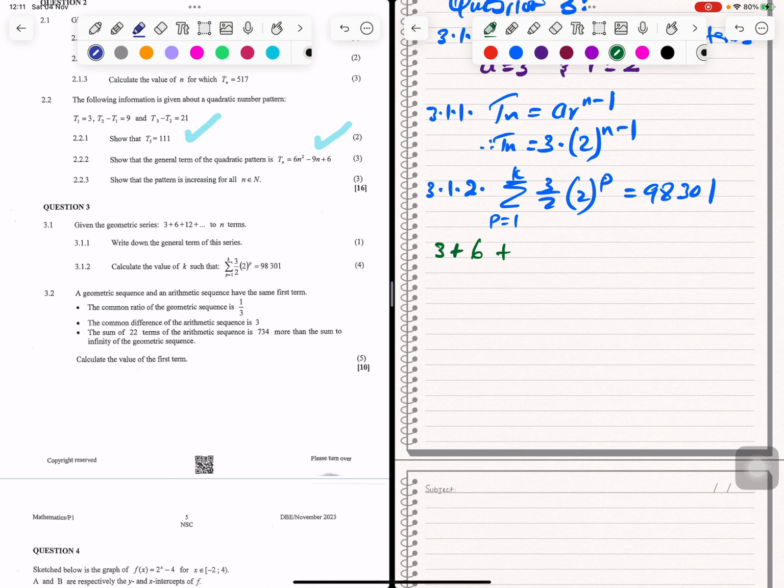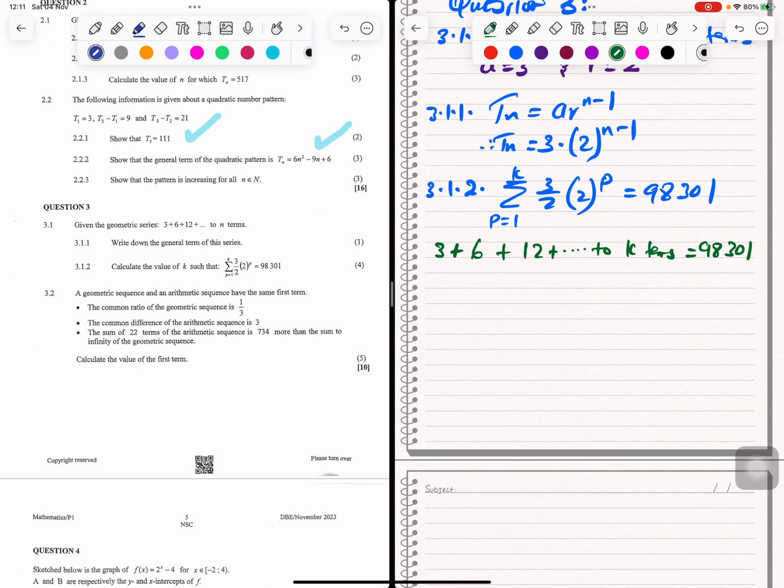Plus, you take 3 now, so it's 8 times 3 over 2, and that is 12. So this is going to continue to k terms, and that equals 98,301.